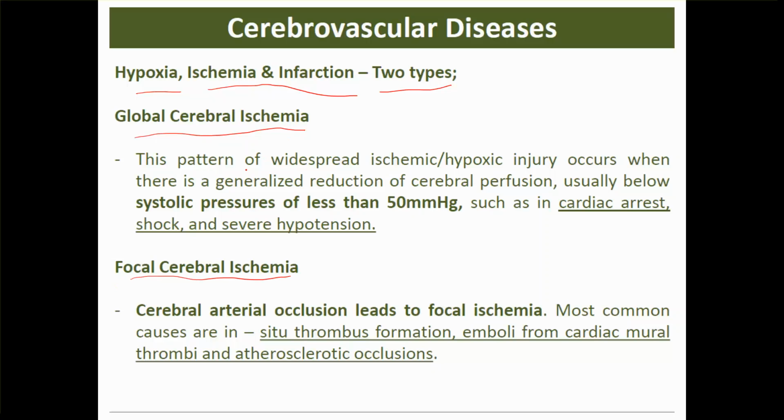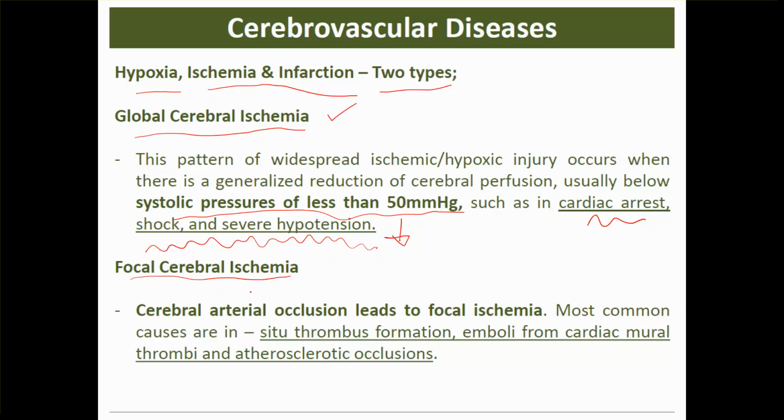In global cerebral ischemia, the pattern of widespread ischemic hypoxic injury occurs when there is a generalized reduction of cerebral perfusion, usually a systolic pressure of less than 50 mm of mercury, such as in cardiac arrest, shock, and severe hypotension. So if the blood pressure goes very low, below 50 mm of mercury systolic, then we should take care about the cerebral perfusion. There could be a massive reduction of the cerebral perfusion, and that could lead to global cerebral ischemia.